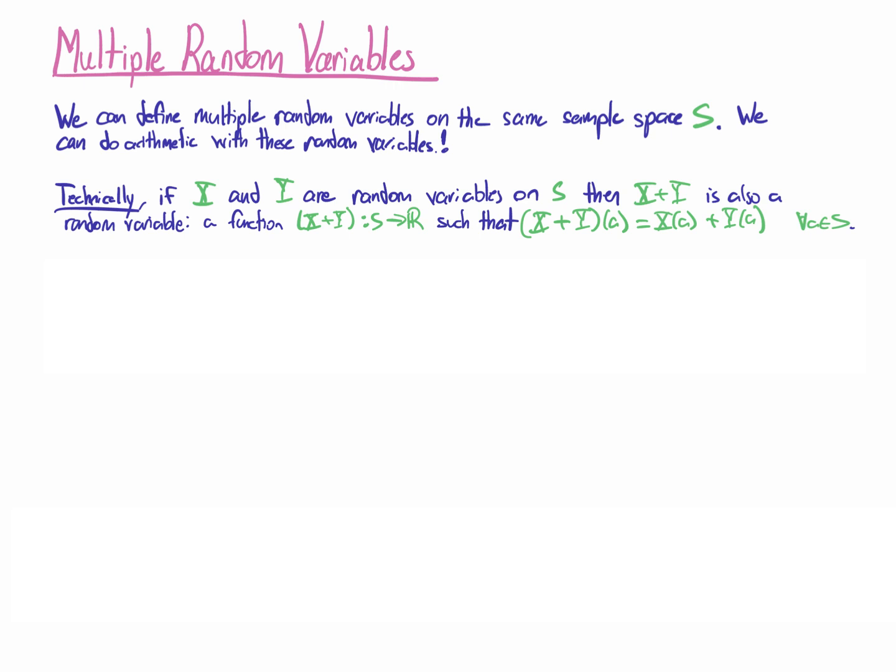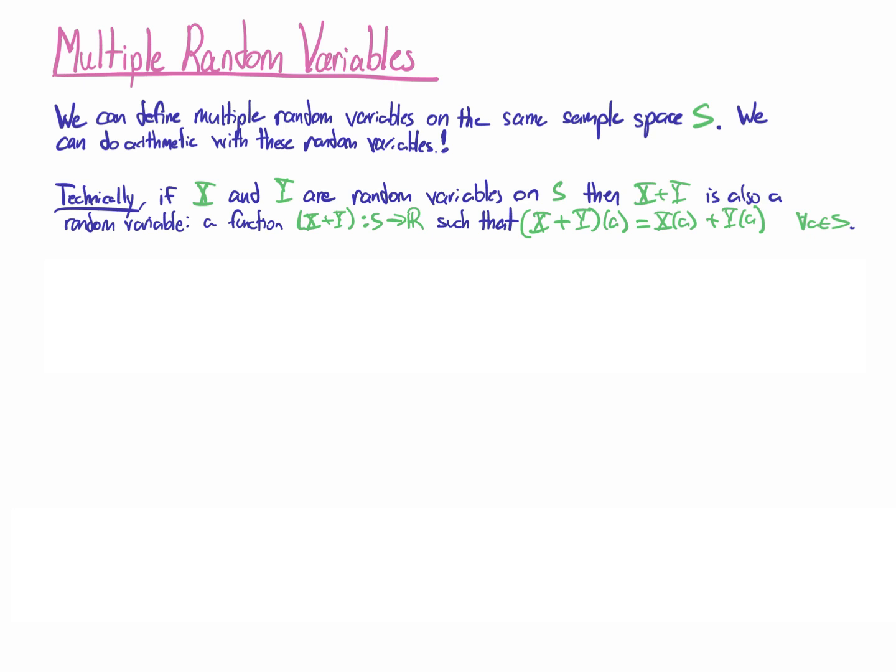Technically, what we're talking about here is if I take two measurements, random variables, x and y, defined in the same sample space, then technically the sum, x plus y, is also a random variable, which means it's a function that I call x plus y from the sample space to R. And the way we evaluate this function is that we say, hey, the result of x plus y on outcome A is equal to the sum of measuring x on A and then measuring y on A, for any outcome A.